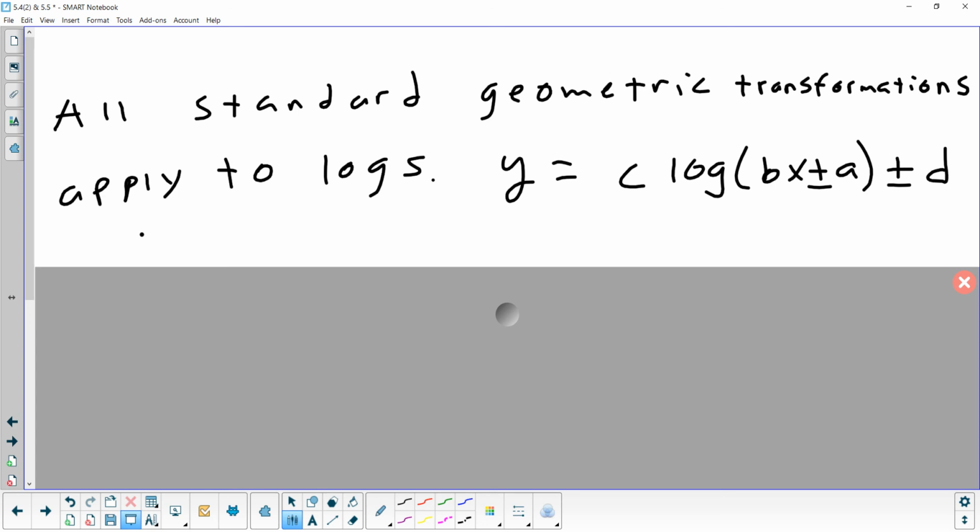What else? With C, if you multiply by a big number, it stretches the graph vertically bigger. With B, if you multiply by a big number, it actually compresses it. So if you had something like log 3x, just keep it simple, that we would describe as a horizontal stretch by a factor of 1/3.